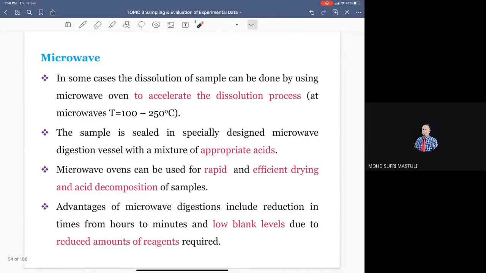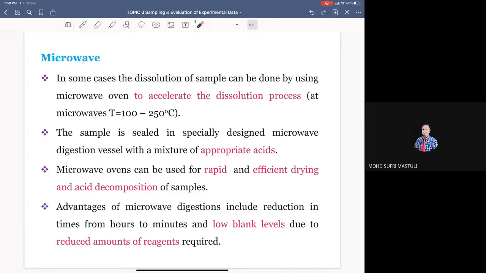Okay. So another etching technique, instead of wet or dry, is microwave. In some cases, the dissolution of sample can be done using a microwave oven, which can accelerate the dissolution process.